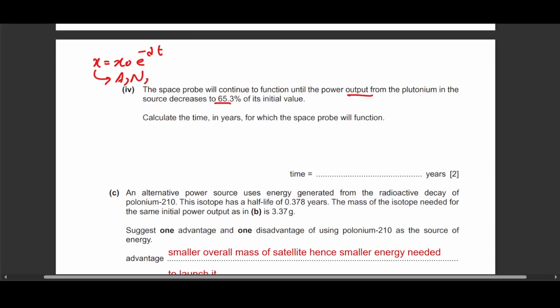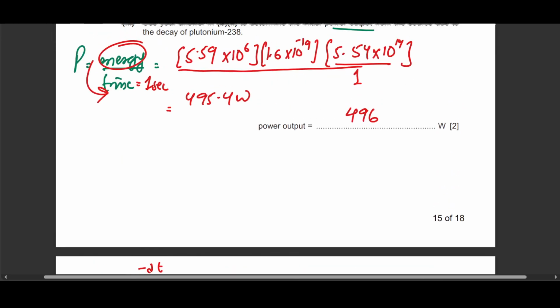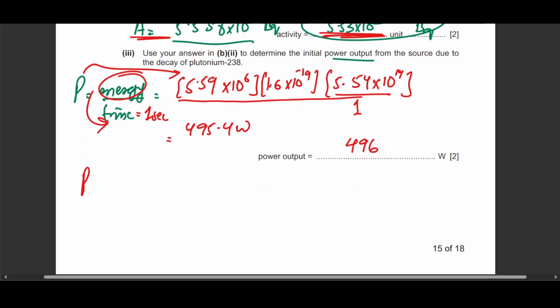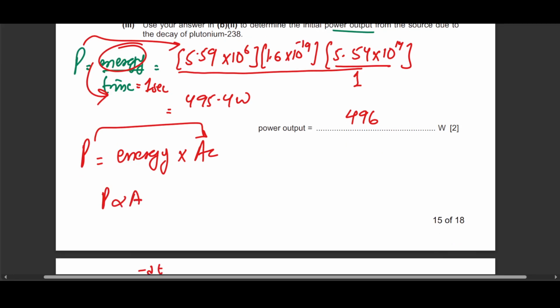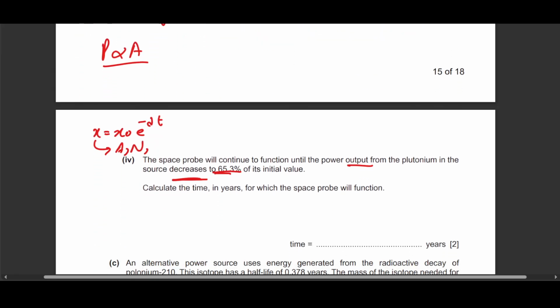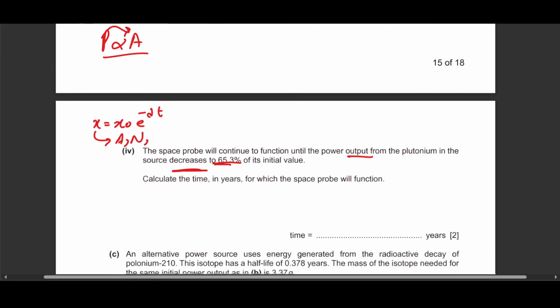So if it reduces to 65.3, since the number of atoms, or you can say the activity, you can simply put over here that power was equal to the energy of one reaction multiplied by the activity, right? So power is proportional to activity. If we're discussing power decrease, then we can replace it in terms of activity, no issues in that.